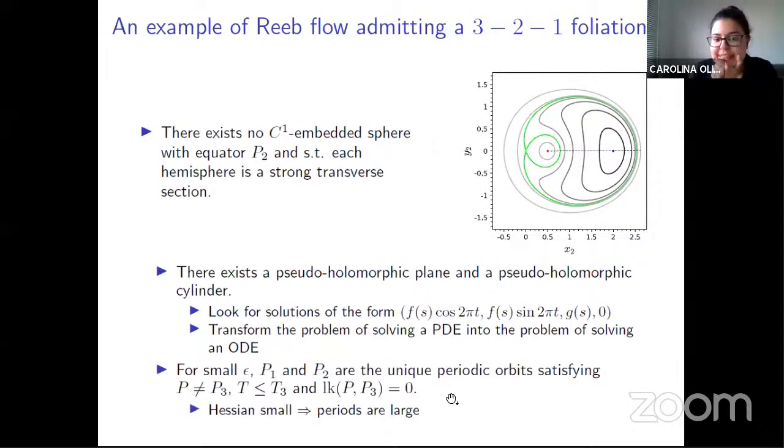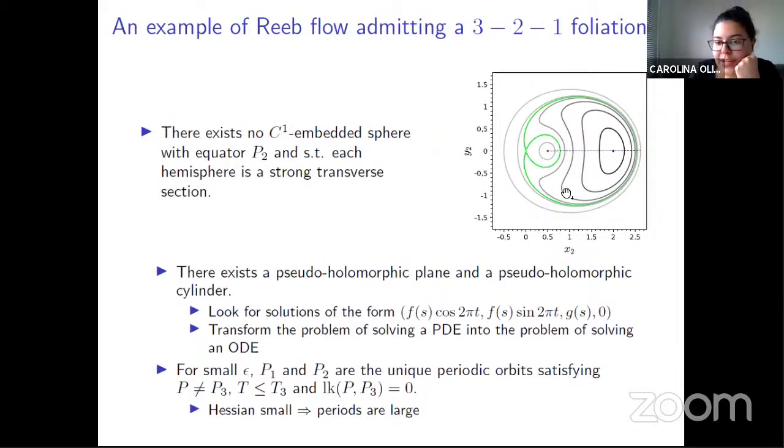And the last one is that P1 and P2 are the unique periodic orbits that have small periods and are not linked to P3. So to check this hypothesis, we can show that in this region here for small epsilon, the Hessian of the Hamiltonian is very small.